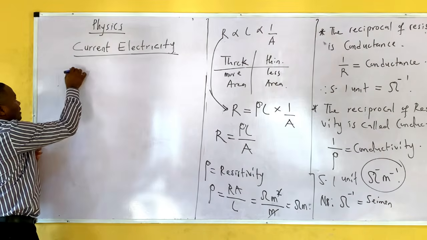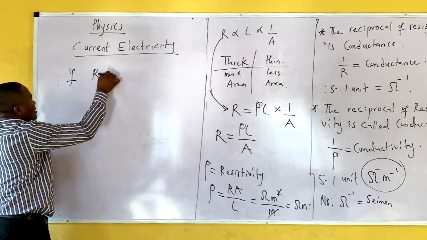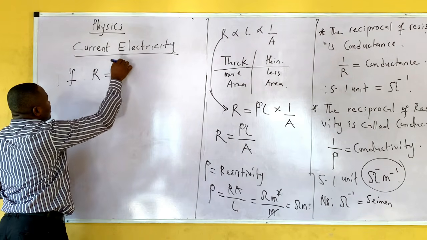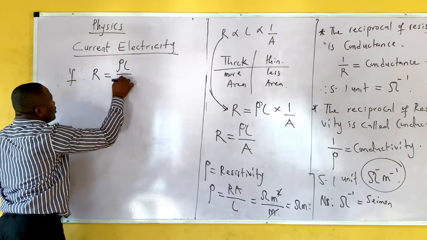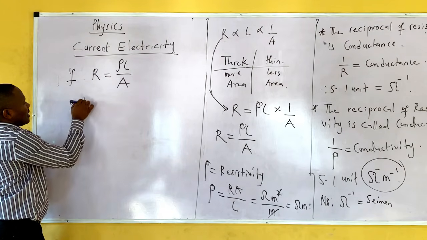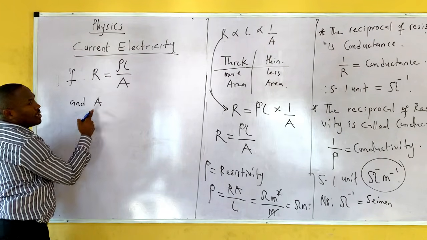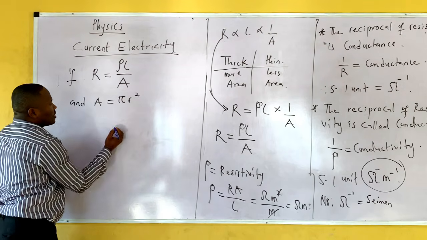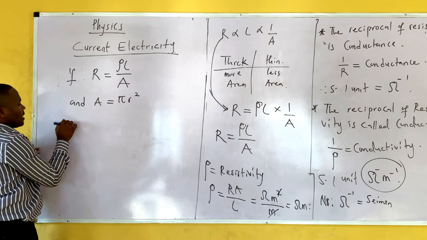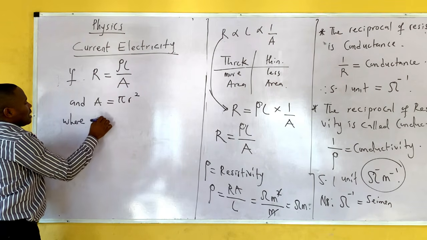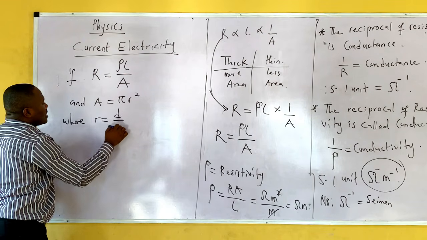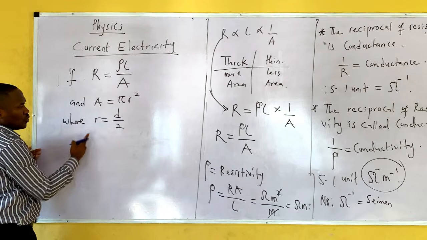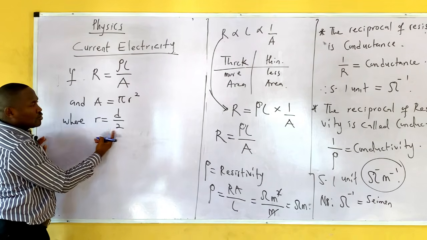Now let's see, if resistance equals resistivity L over A, and A, which is the area of the wire, is equal to pi r square, where radius equals diameter over 2.